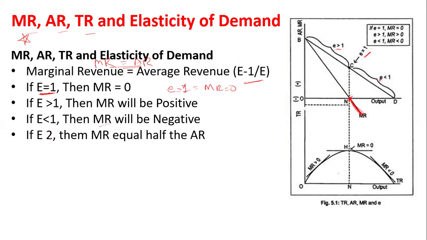And if elasticity is equal to 2, then the marginal revenue is half of the average revenue.